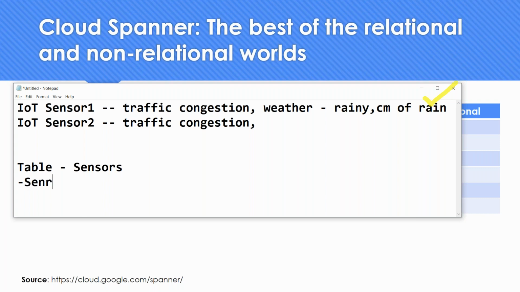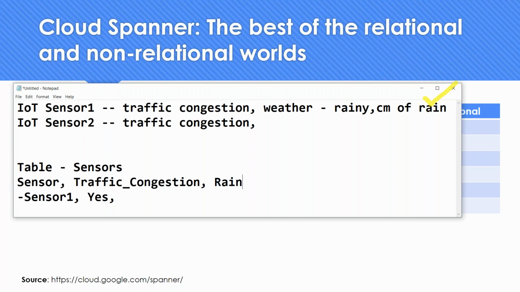From sensor 1, traffic congestion, yes. Then raining. So if I have the columns like traffic congestion, which is a Boolean field, then raining, centimeters of rain.